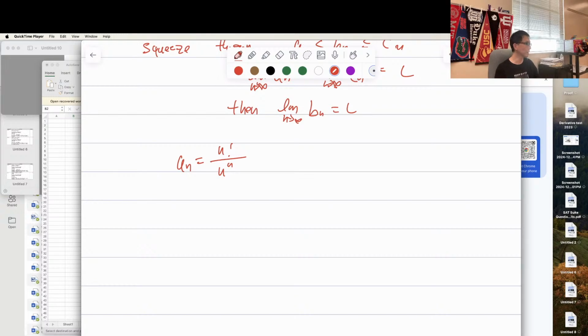Ooh, the new one, n to the n. So which one's larger? Which one's going to go faster, n to the n or n factorial? I thought it was factorial and I was wrong. Good. I like what you guys are thinking. It's got to be exponential.